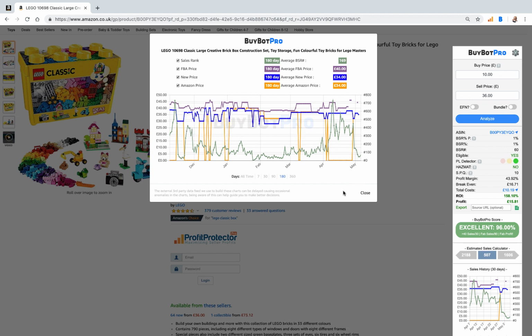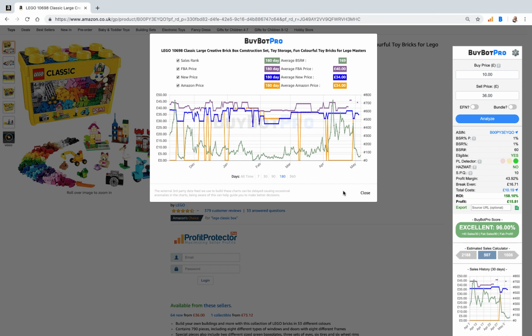So you want to be looking at when Amazon's in stock, so you can see when they're in stock and how that works. And you want to be looking at the sales rank and what that does as well, and the FBA price and what that sales rank does in comparison to what Amazon are selling it at and what your FBA price is. So that's what you want to be looking at.